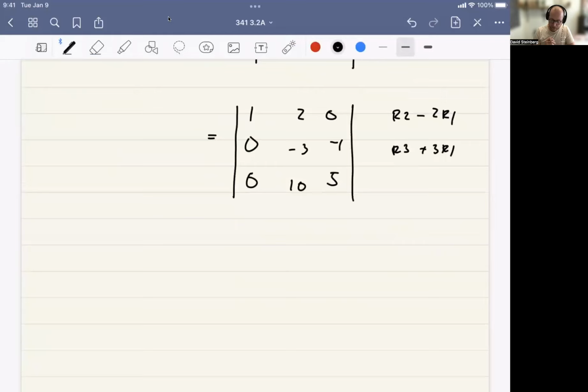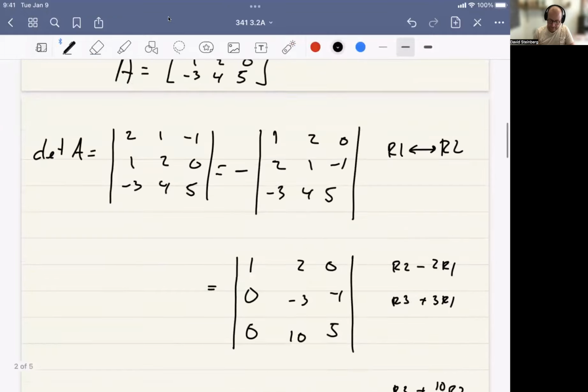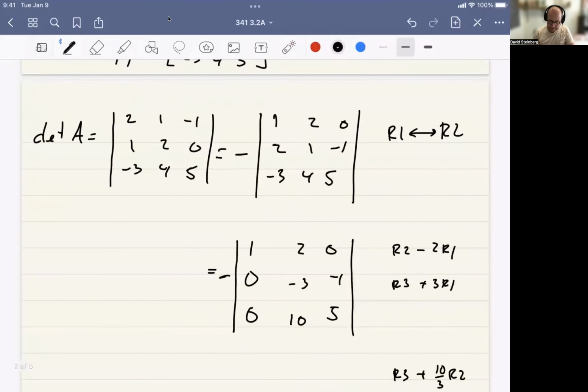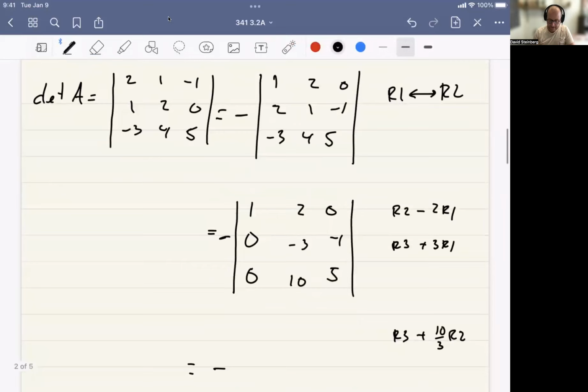And we still aren't quite echelon yet, but what action do we want next? We want row 3 plus 10/3 row 2. Yeah, that'll do it. And we forgot a negative sign. Boom, negative sign. We're going to carry that the whole way through.